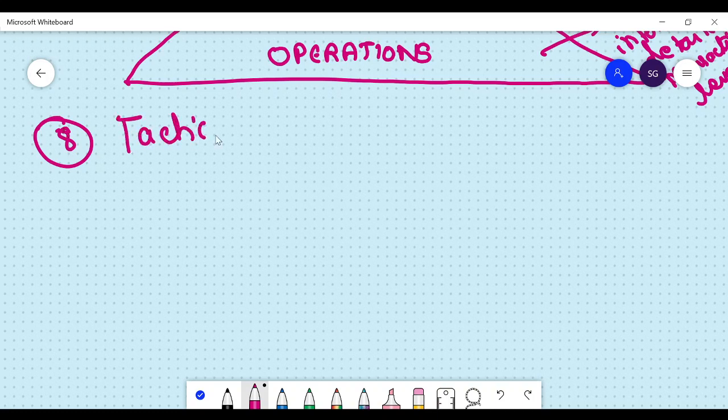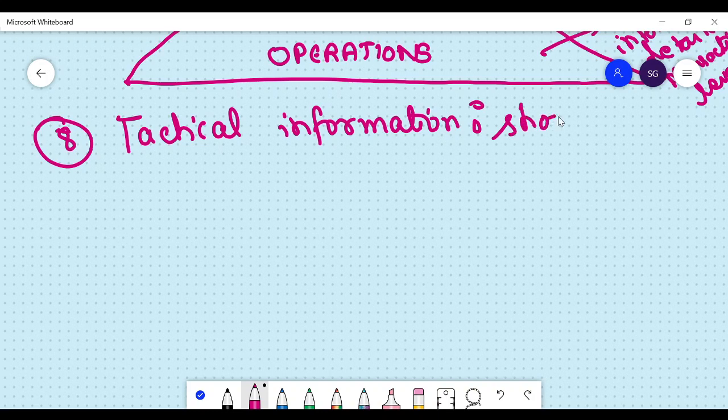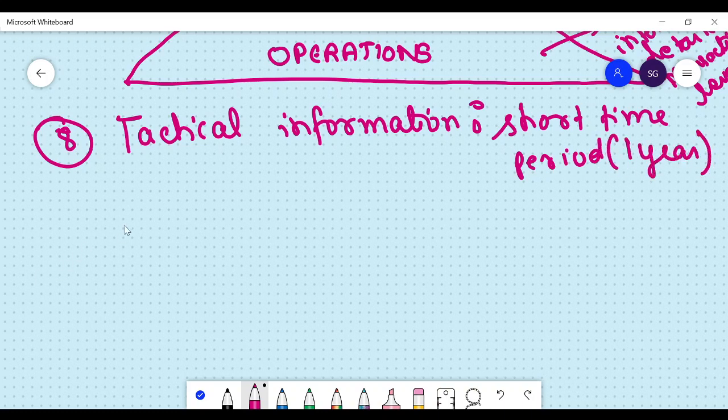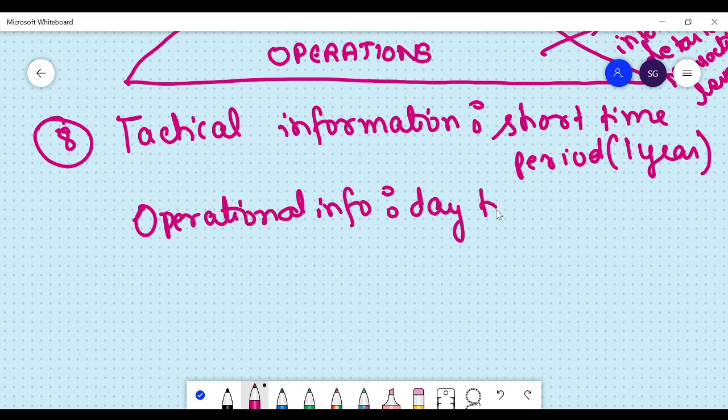We must remember that tactical information is short time period, which is 1 year, but operational information includes day to day function.